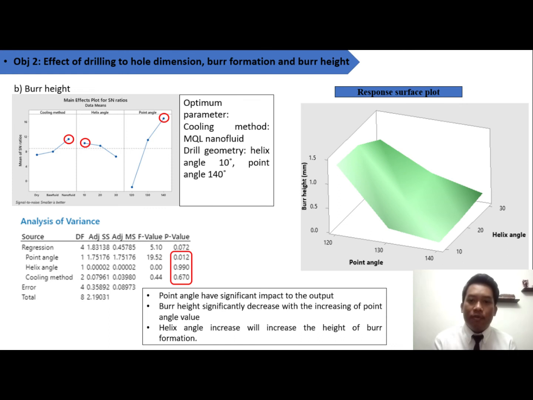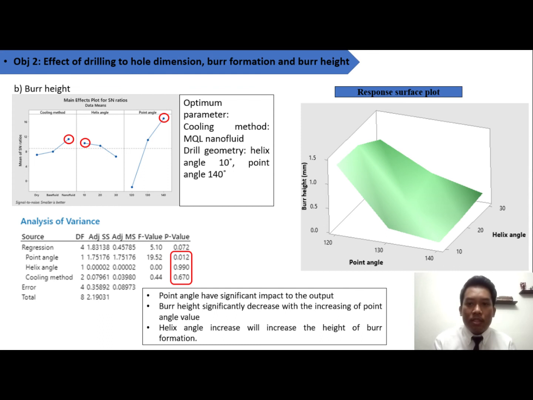Based on the analysis, it is suggested that a higher point angle value at 140 degree will produce smaller burr height value. To minimize the burr formation, it is also suggested to use the MQL nanofluid cooling method and 10 degree helix angle.